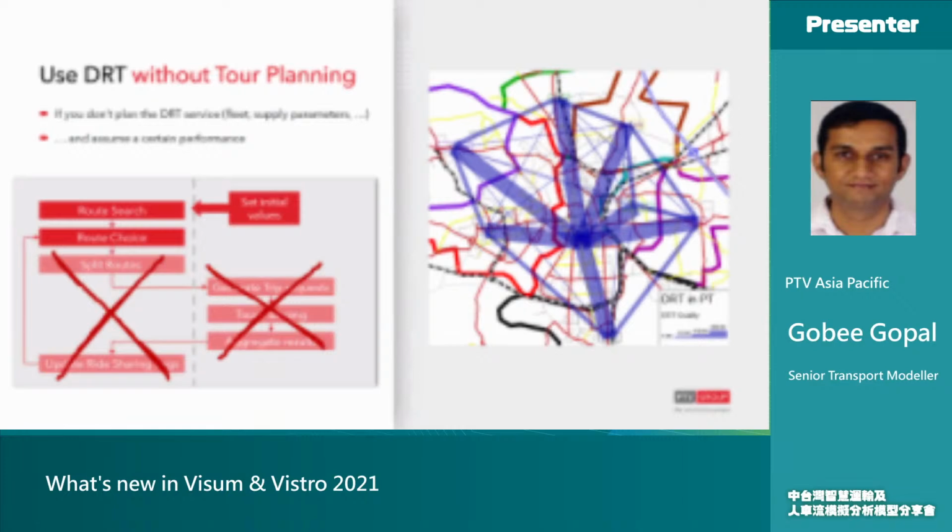If you don't plan the DRT service, fleet, supply parameters, and you want an overview study with a certain performance, you can use the route search and route choice to come up with what the quality of the DRT is.